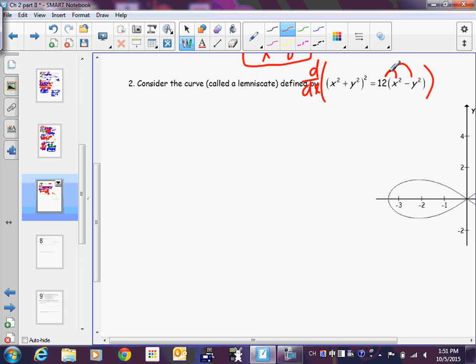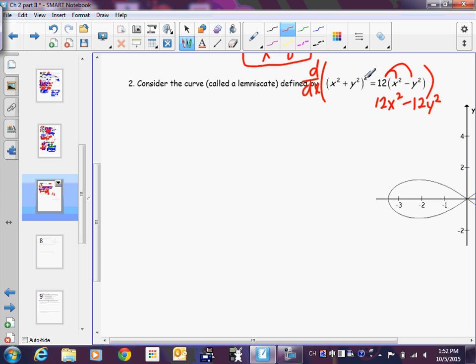I'm just going to distribute the 12. Again, this is not required. I could do this problem without doing this step, but it's actually going to make the next part easier. So when you're looking for, can I simplify or something, the very beginning equation, only do it if you're pretty sure it's going to make the problem easier, because most of the time it's going to make it harder.